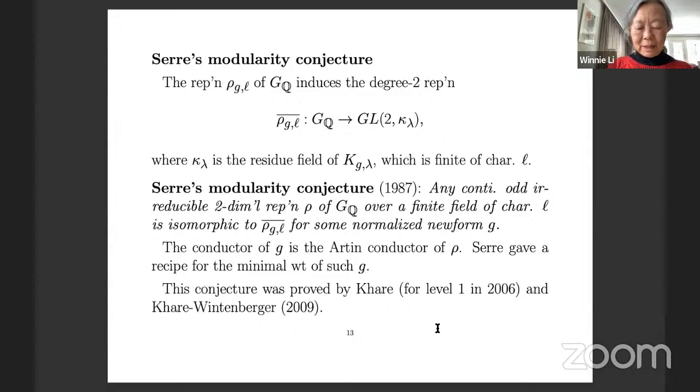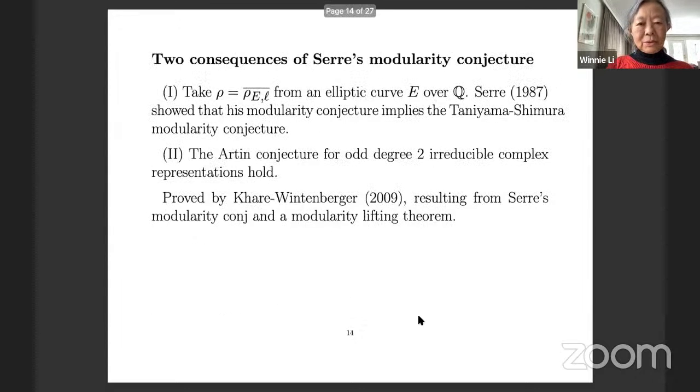So let me give two consequences of Serre's modularity conjecture. The first is that we can take this degree 2 representation of G_Q over a finite field to be coming from the reduction of the Tate module associated to an elliptic curve defined over Q. In this case, when Serre posed this conjecture, he already showed that his modularity conjecture would imply the Taniyama-Shimura modularity conjecture.